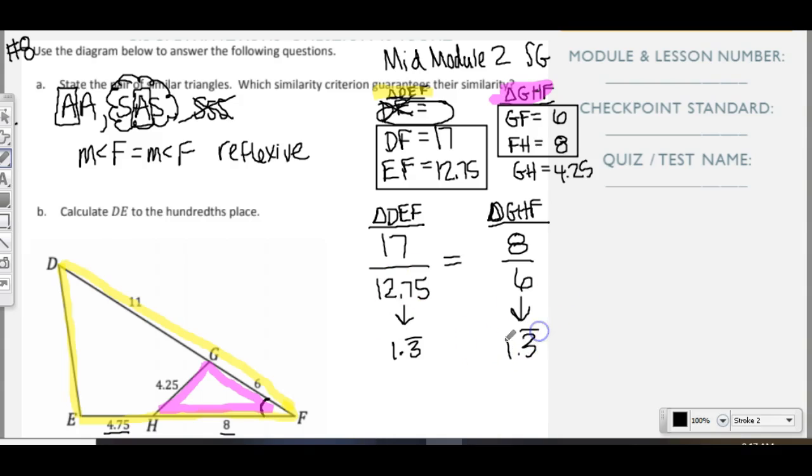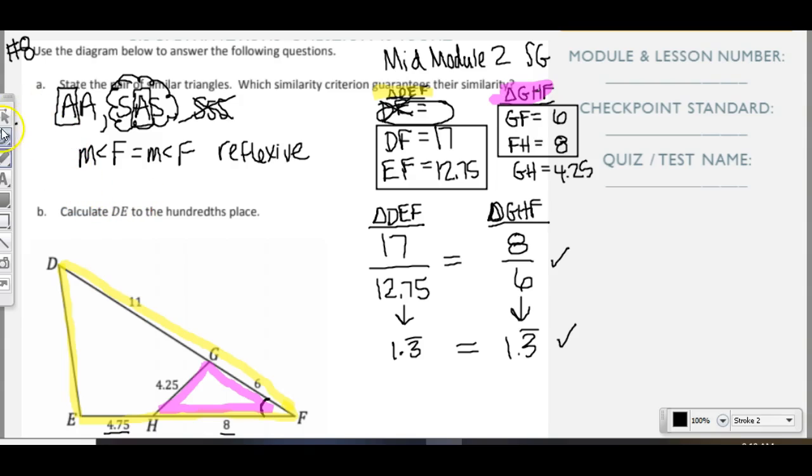So are those sides proportional? Yes, because this is true. That means they are proportional. The two sides are. And since we already established the angle, that means the two triangles are similar by side, angle, side. Two proportional sides, one congruent included angle.